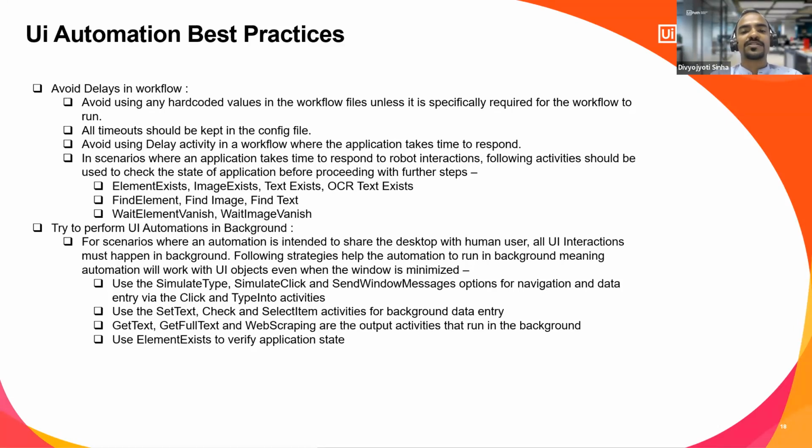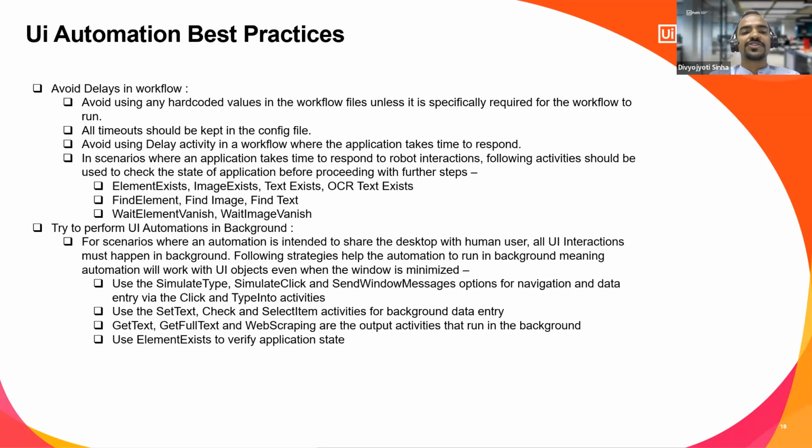And next part is the UI automations are always recommended to be performed in background, because many a times it happens that the desktop where the bot is running, another human user is also sharing the same desktop application, right?